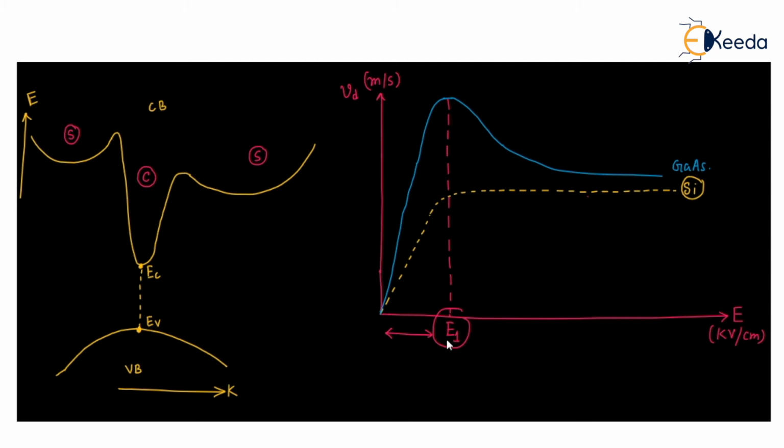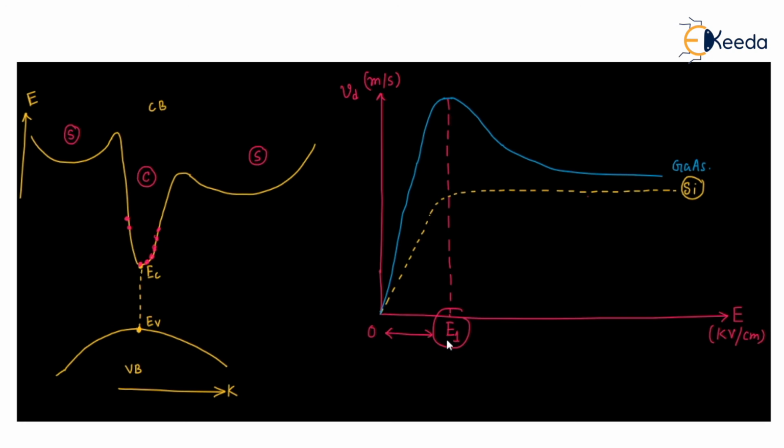When the electric field is between 0 and E1, more and more electrons are accumulated in the central valley.